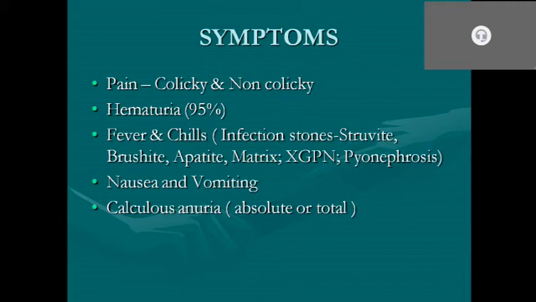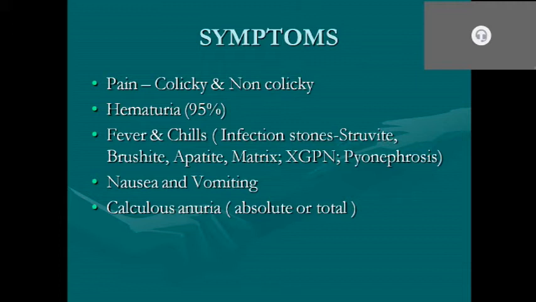So when will anuria happen? When there is a bilateral large obstructing stone, or when there is a solitary functioning kidney, where only one kidney is functional, or the patient himself has only one kidney, whether congenitally or iatrogenically because of removal of the other kidney.